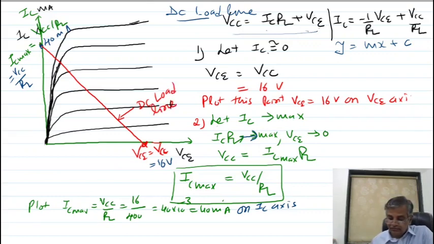The line joining these two points is called the DC load line.